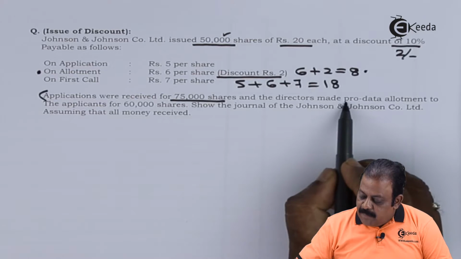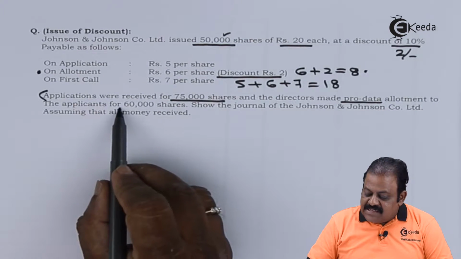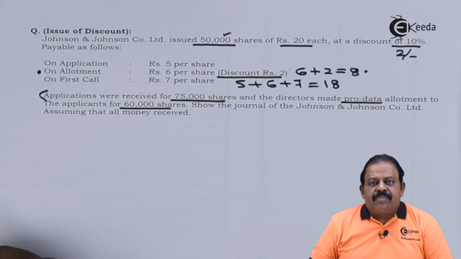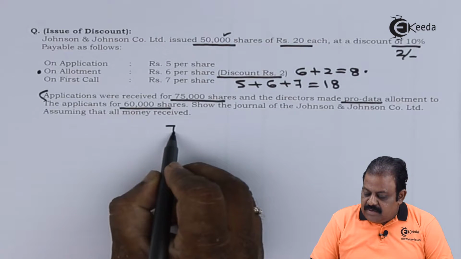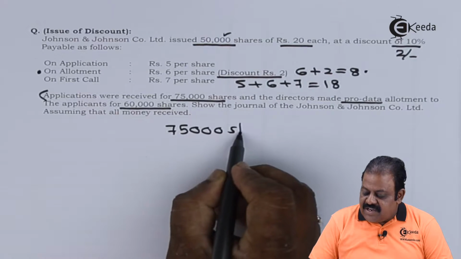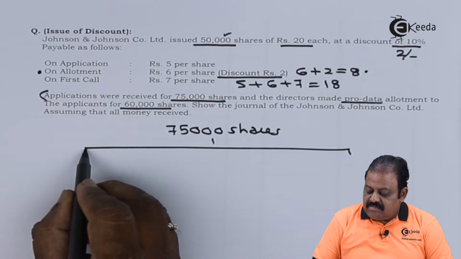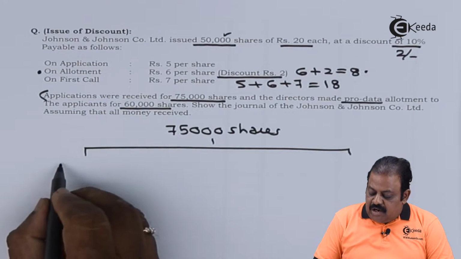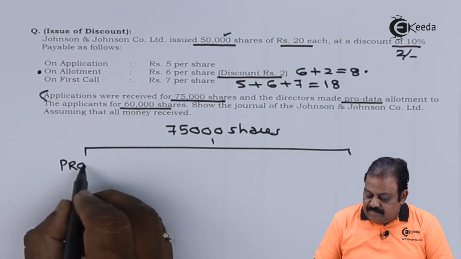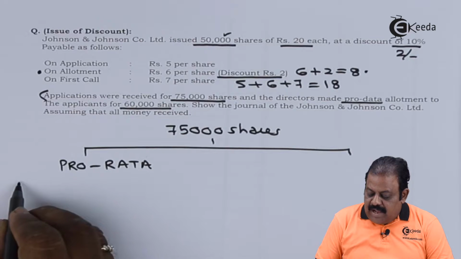And directors made pro rata allotment to the applicants of 60,000 shares.